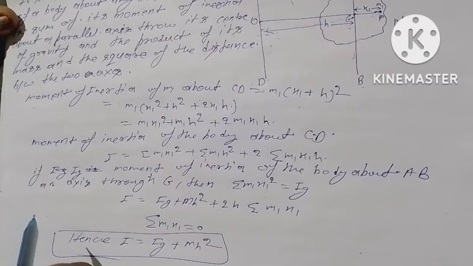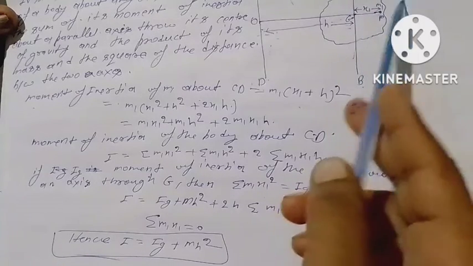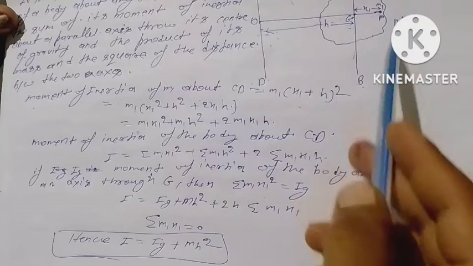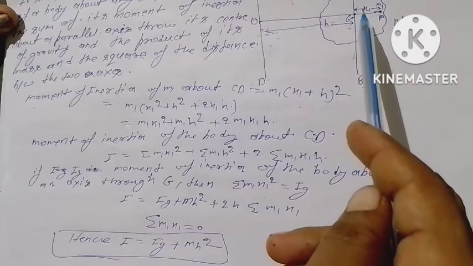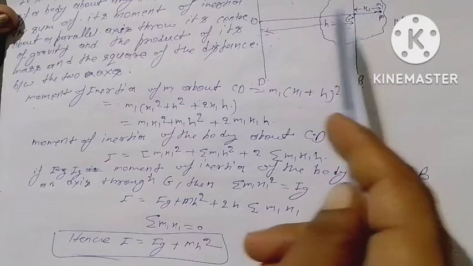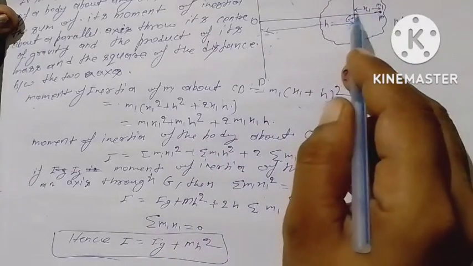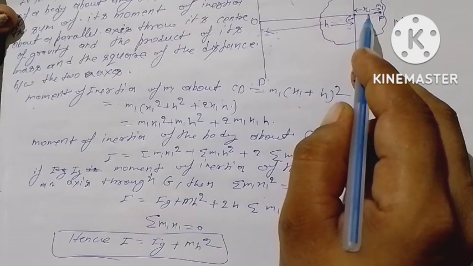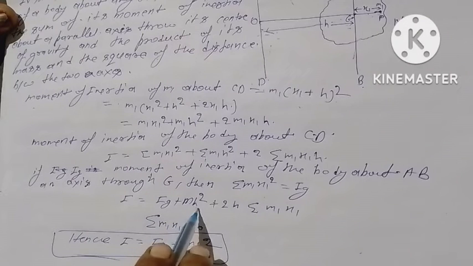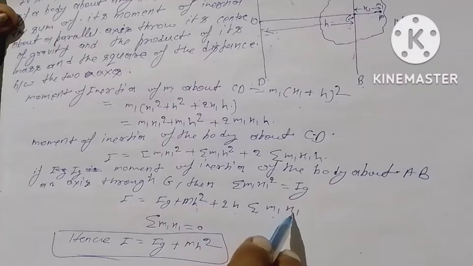If Ig is the moment of inertia of the body about AB, the axis through capital G, then sigma m1 x1 square equals Ig. So I equals Ig plus m h square plus 2h sigma m1 x1.